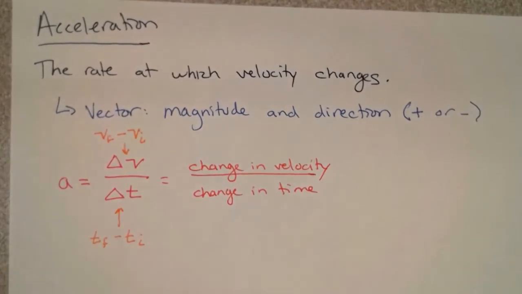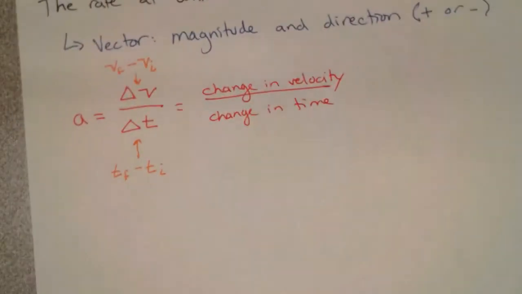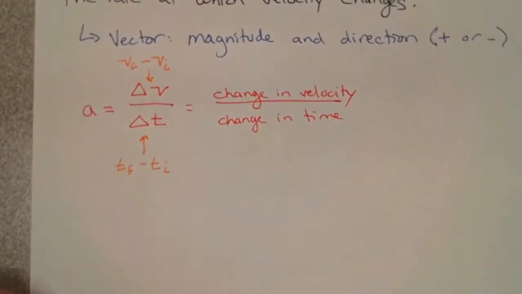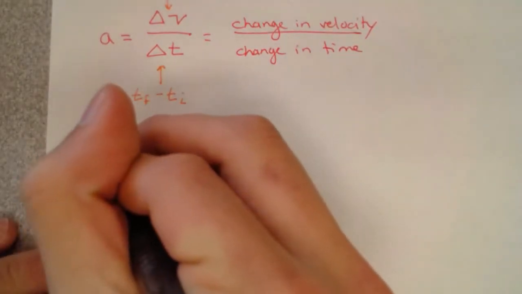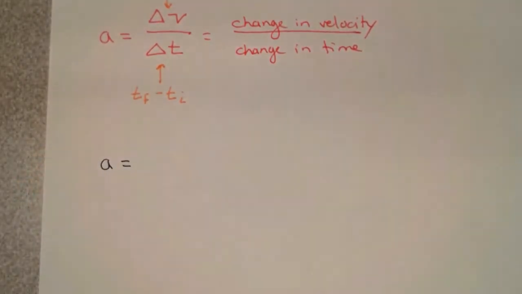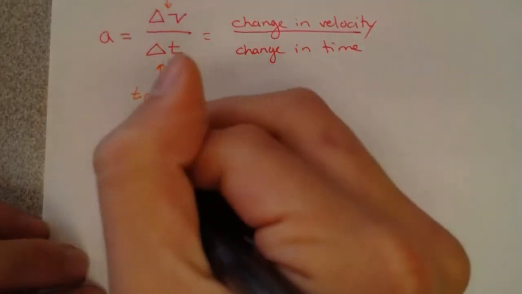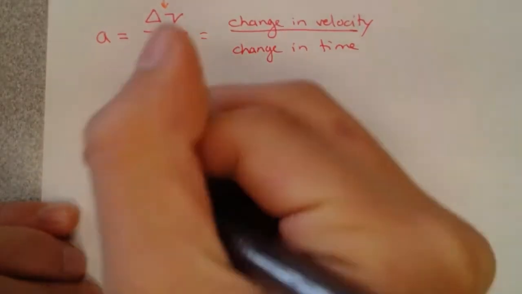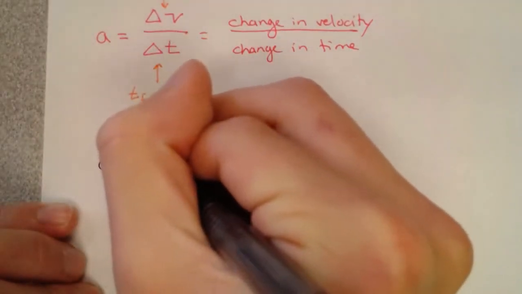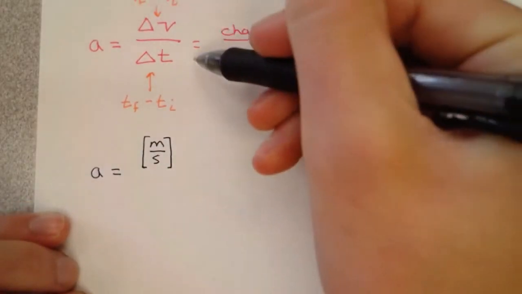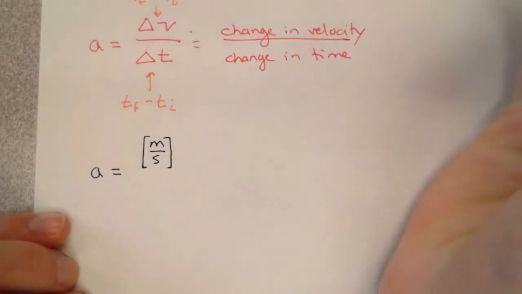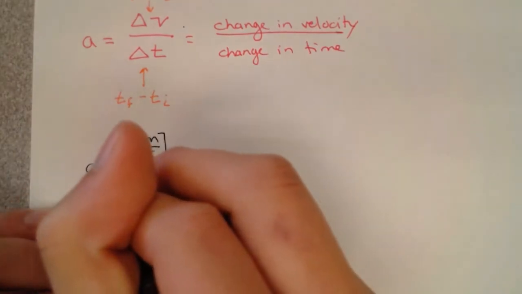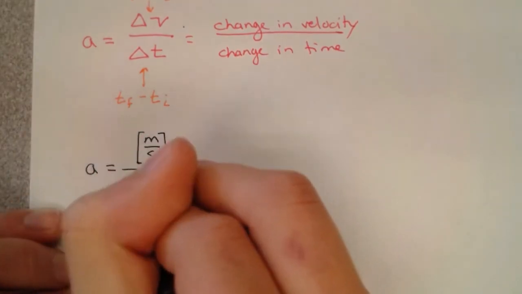Okay? Now, when we're talking about acceleration, acceleration has some weird units. So let's look at the units for acceleration. For velocity, we can use something that we've used a lot. Let's say meters per second. So if velocity is recorded in meters per second, and velocity goes on top in my acceleration equation, then I divide by seconds for time.